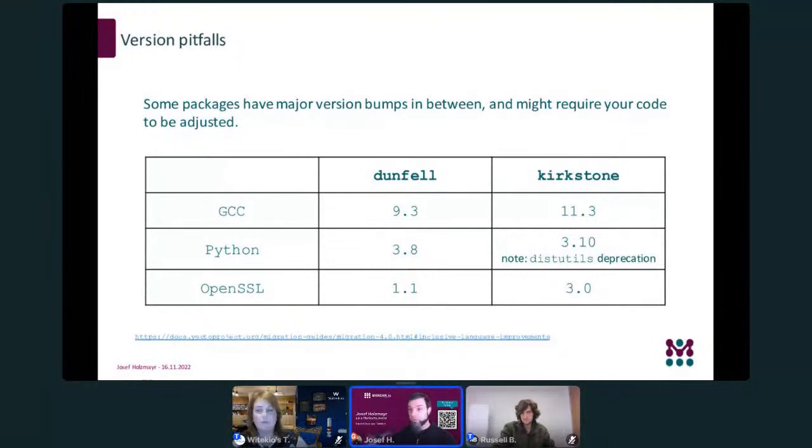Same region of build process is Python. I'm no Python guy, but one package I tried to run was using distutils to set itself up. And it turned out distutils is deprecated, and I couldn't build it anymore on Kirkstone. It used to work on Dunfell. So what did I have to do?